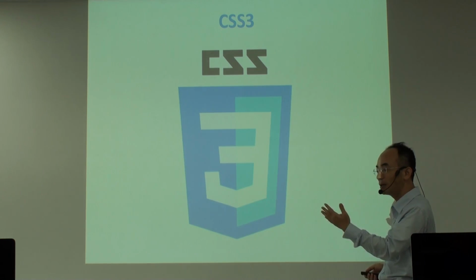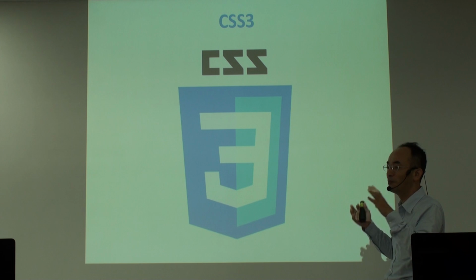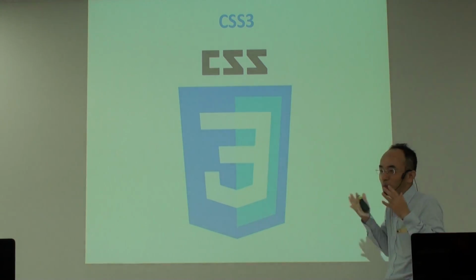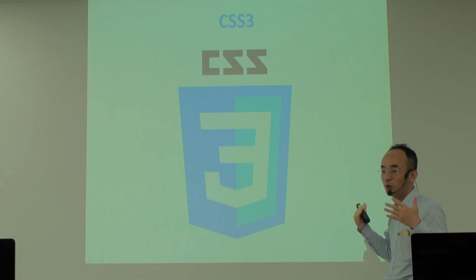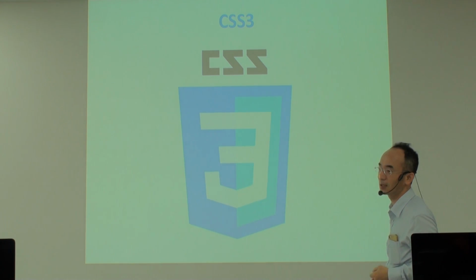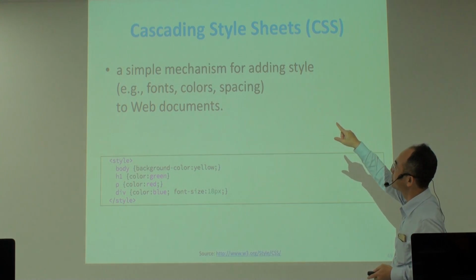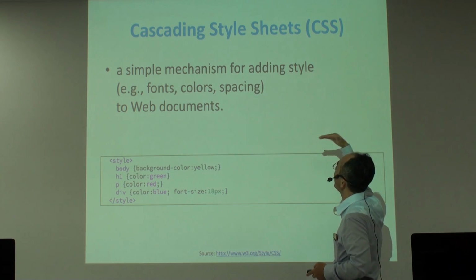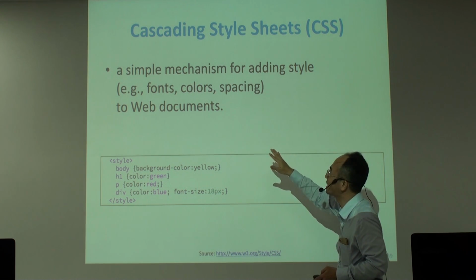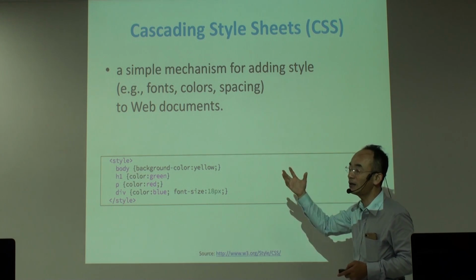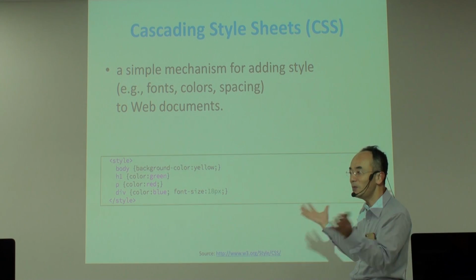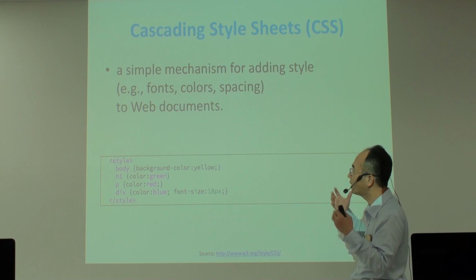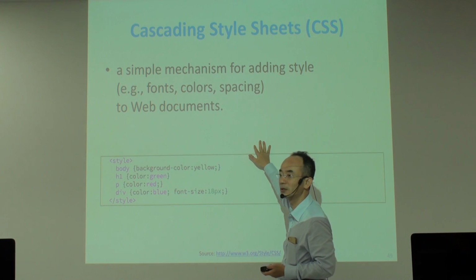And let me tell you, the second is to make your user interface beautiful and good looking, which is CSS3. This is a cascading style sheet. CSS is a simple mechanism for adding styles, for example fonts, color, spacing, images, icons, to web documents.